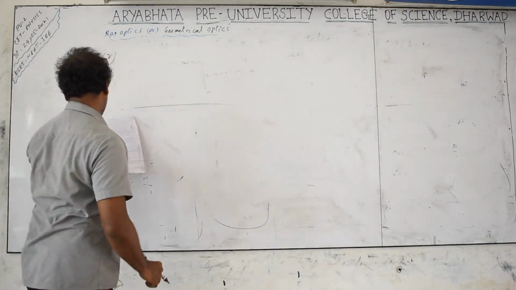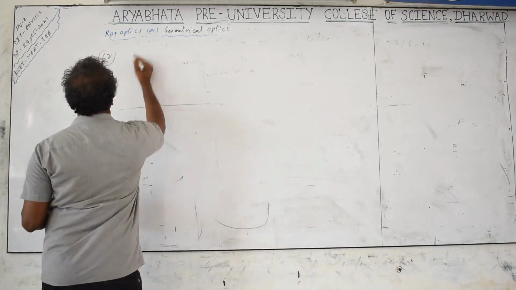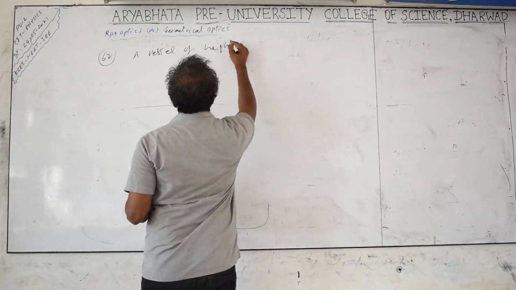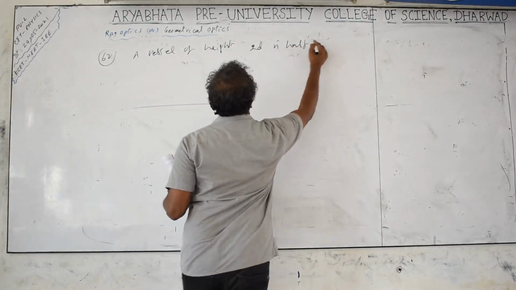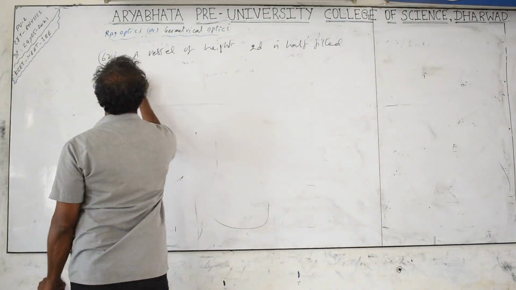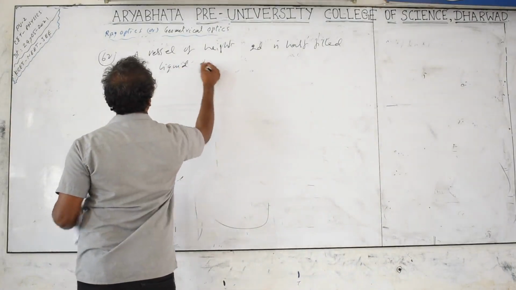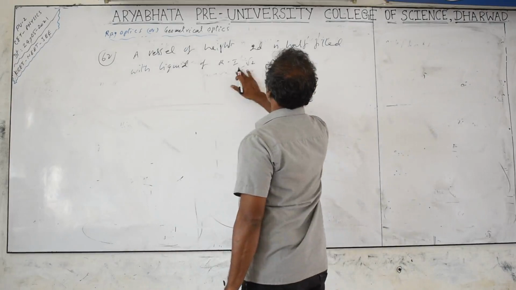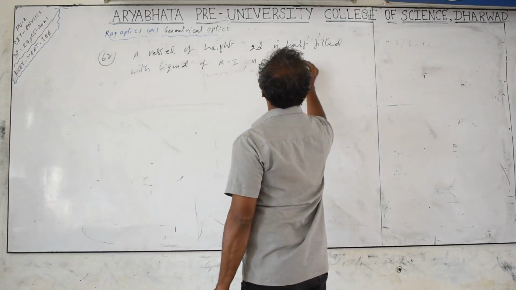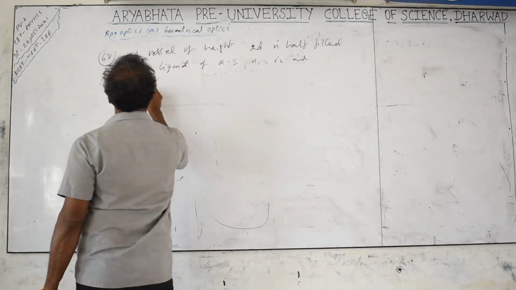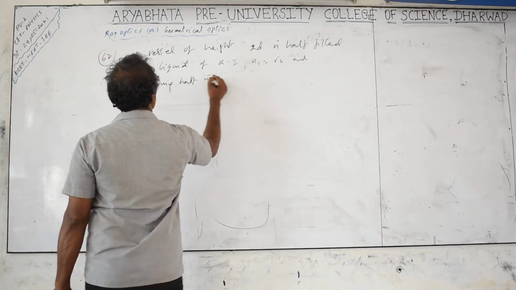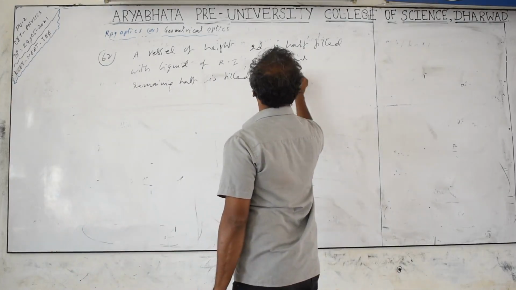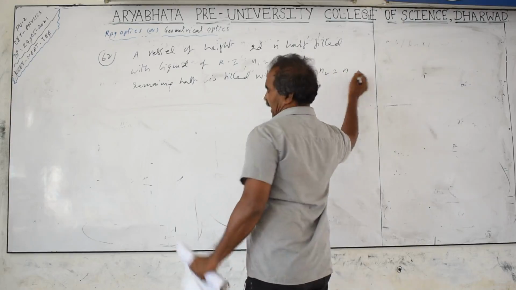A vessel of height 2d is half filled with a liquid of refractive index root 2, and the remaining half is filled with a liquid of refractive index n2 equal to n.